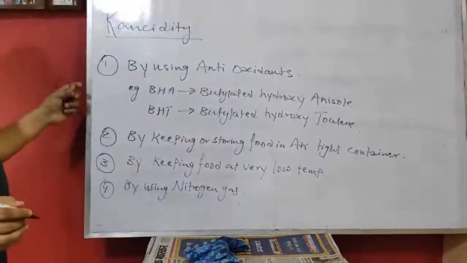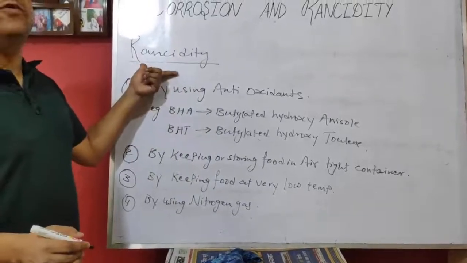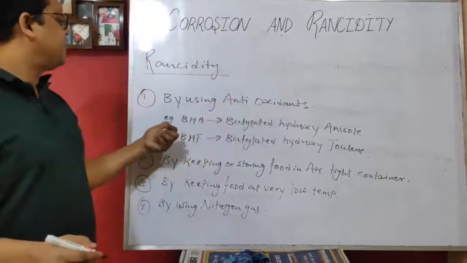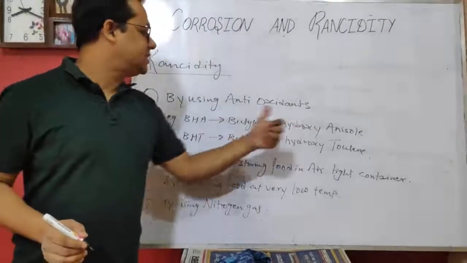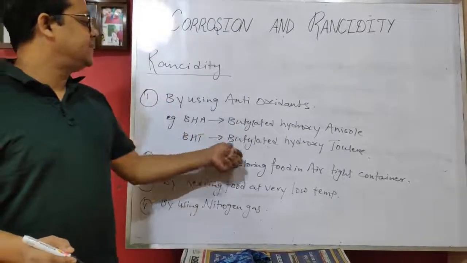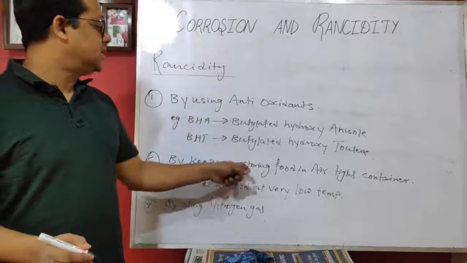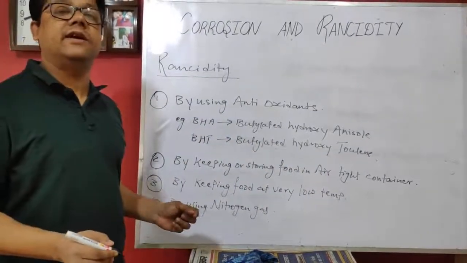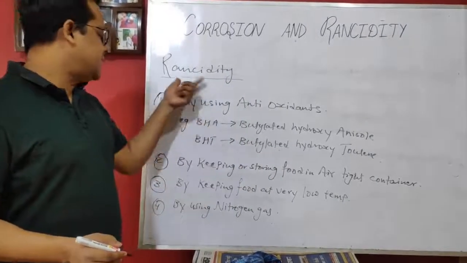So these are some of the processes through which we can protect food from getting rancid. First is by using antioxidants. Examples of antioxidants are BHA and BHT. BHA means butylated hydroxyanisole. BHT means butylated hydroxytoluene. Second is by keeping or storing food in an airtight container. When you keep food in an airtight container, it does not come in contact with oxygen and is protected from getting rancid.